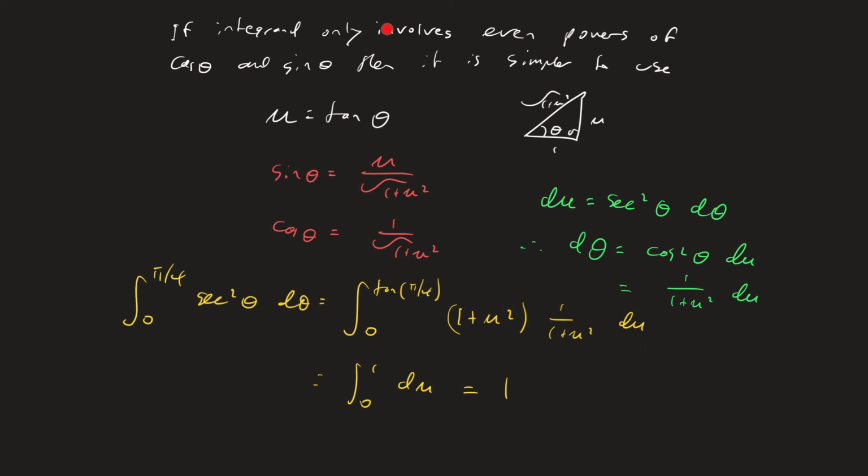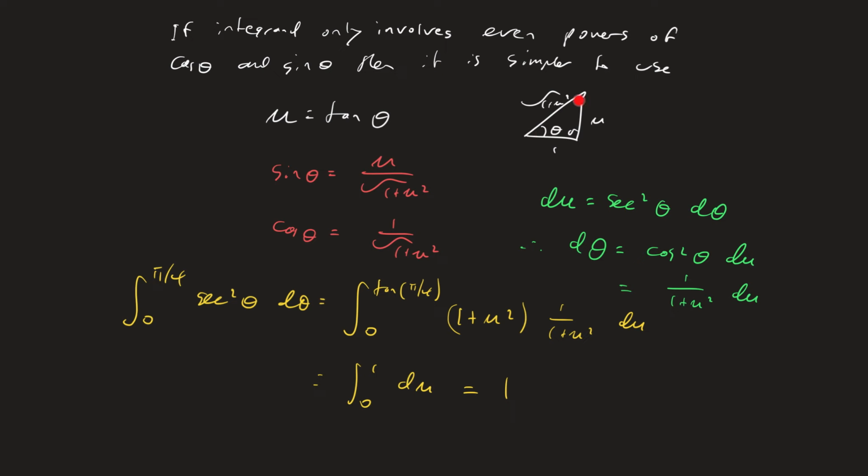If the integrand only involves even powers of cos theta and sine theta, then as we said at the start, it's a lot simpler to use the substitution u equals tan theta. In the general case, that means we then draw this corresponding triangle here, theta's here, u and 1 are here, so that tan theta is indeed equal to u.